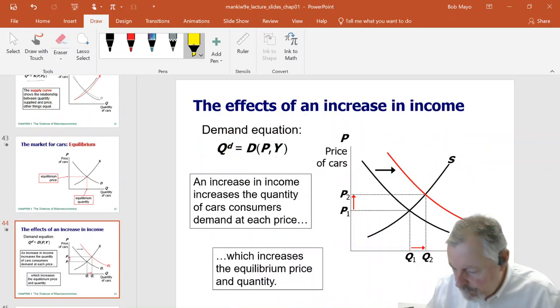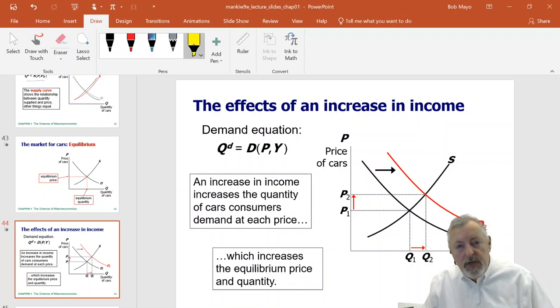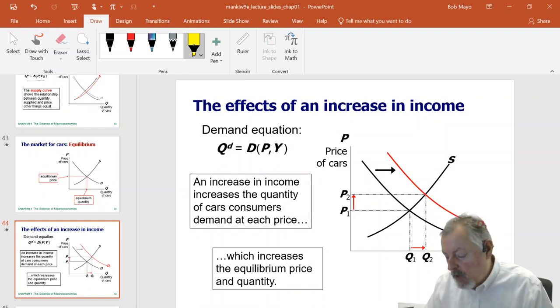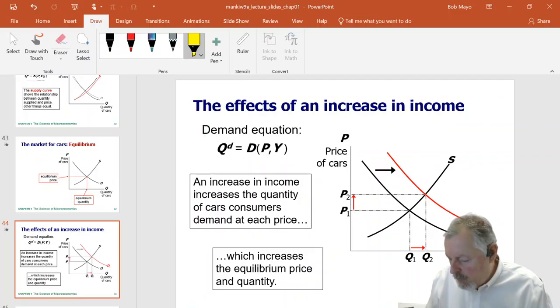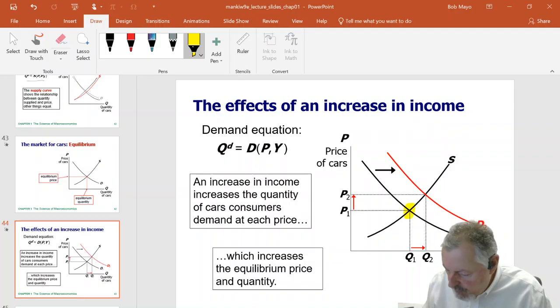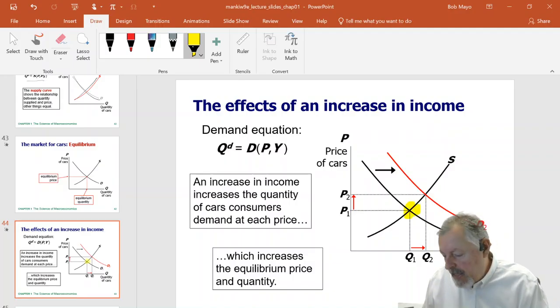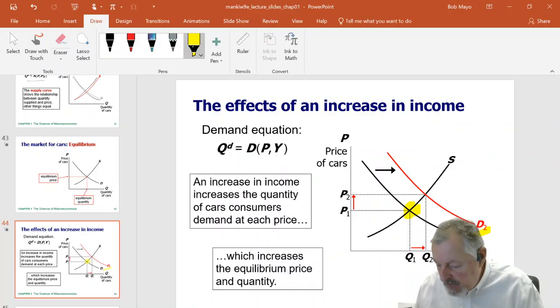Going back here, supply and demand. What you learned in the principles was, well, here, if you start at D1, with the D1 and S, the equilibrium is there. If demand shifts to D2, then the equilibrium will now be there.